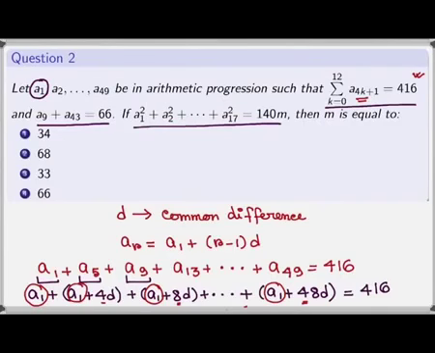Now coming back to the question, we shall find out the value of m, and we are given a1 square plus a2 square up to a17 square is equal to 140 m. I write it here again. We have sum over, let's say r runs from 1 to 17, ar square is equal to 140 m.